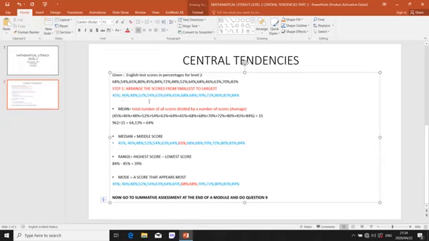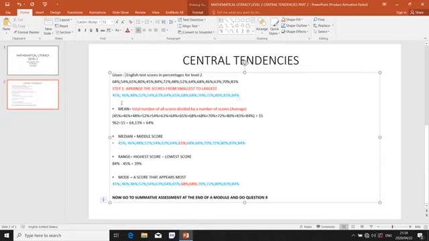Okay, fine, now they are arranged. Then you count how many scores there are. All together, they are 15 scores. The smallest is 45 and the largest is 84.